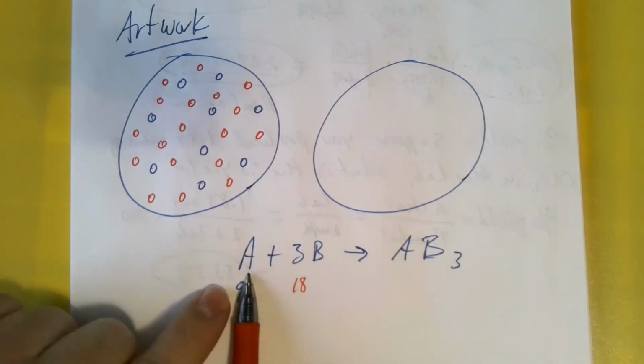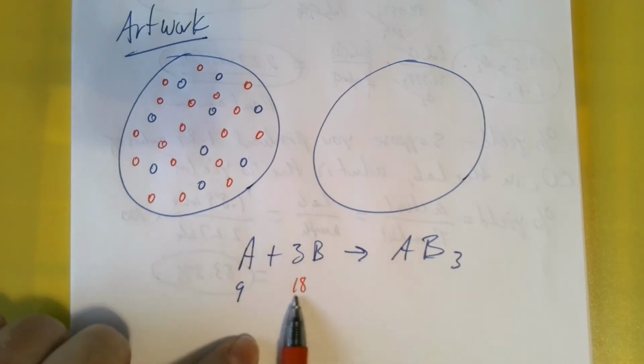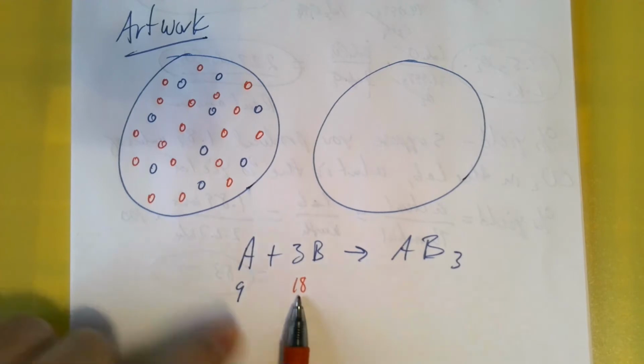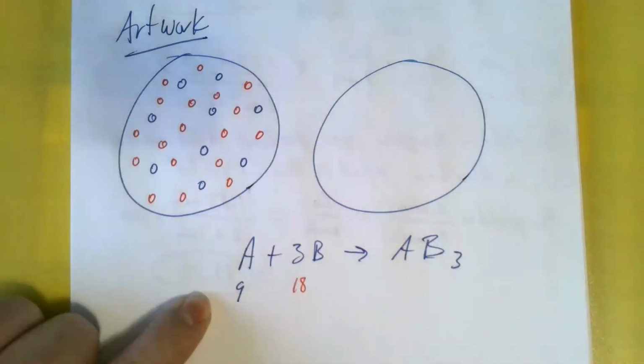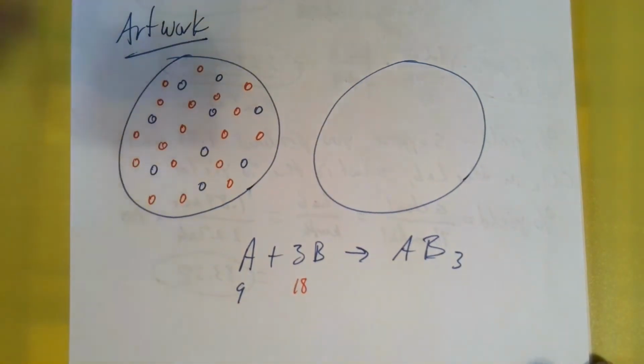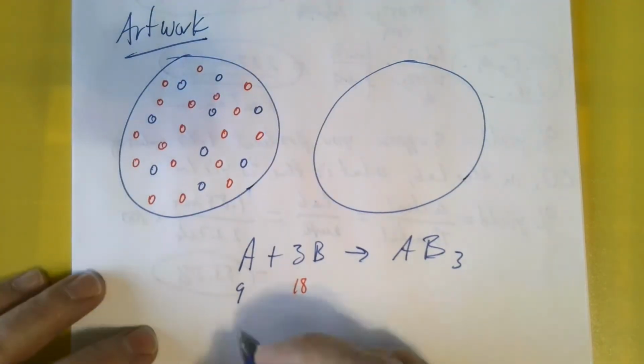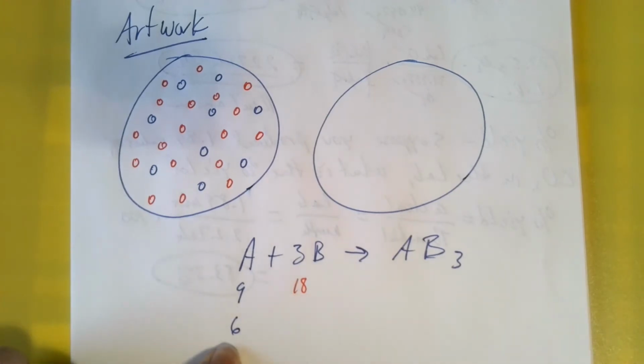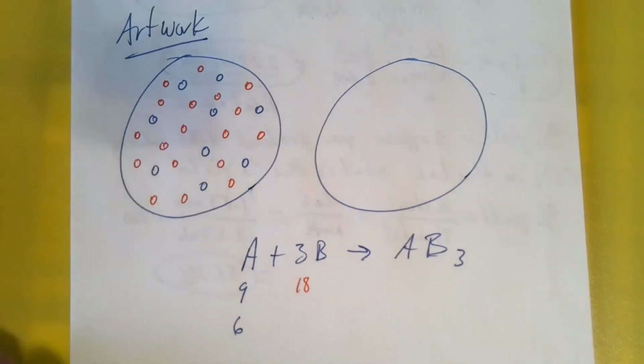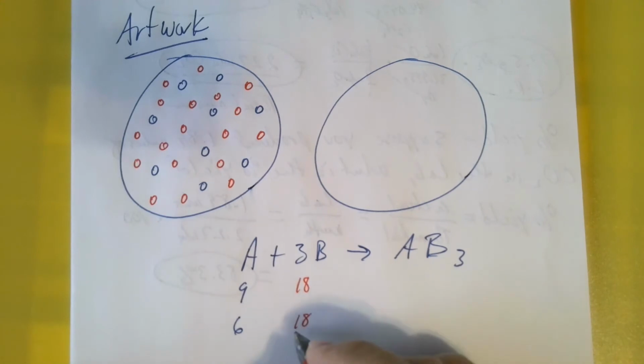For every 1 A, I need 3 B's. But I have 18 B's. If I only have 18 B's, how many A's can I use? 6. 6 of those are going to use 18 of those, right?